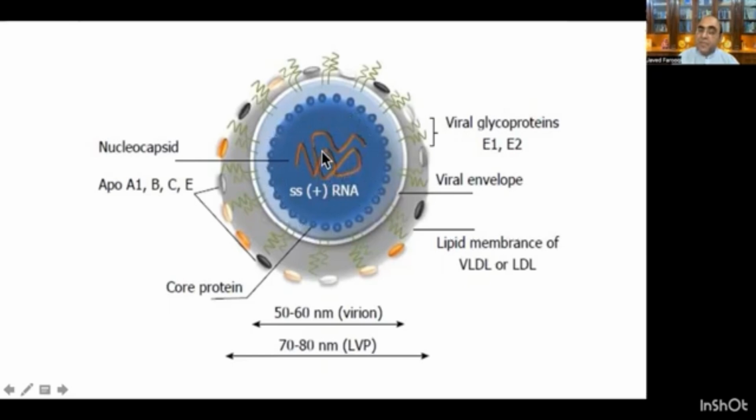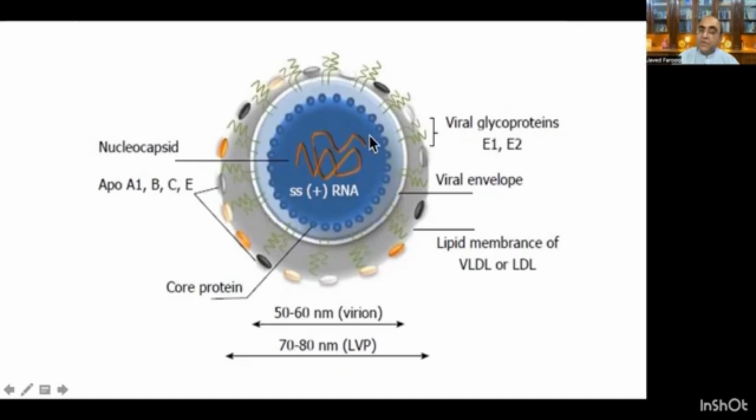This is the single-stranded positive RNA genome. The blue is the nucleocapsid, which contains the core proteins, and it is wrapped by the envelope, and spiking out from the envelope are the E1 and E2 glycoproteins, and then there is the lipid membrane of the VLDL and LDL.